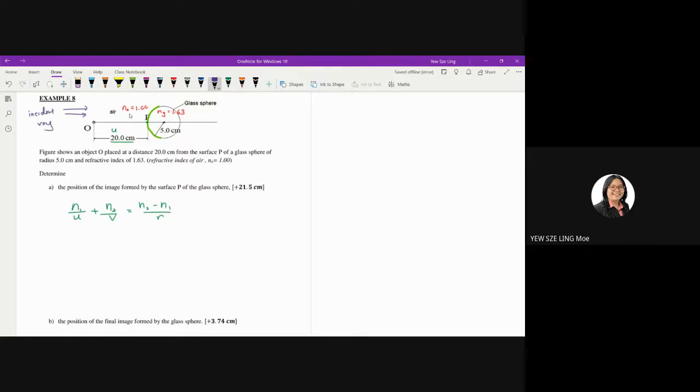So when this incident ray hits the glass sphere, as you can see, it's hitting the outer surface of the glass sphere, which means this first refracting surface is a convex surface.